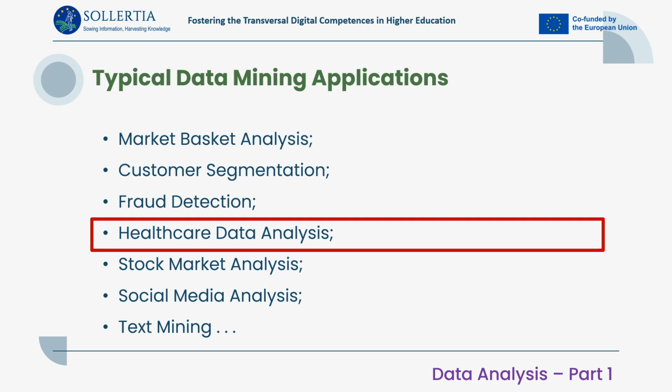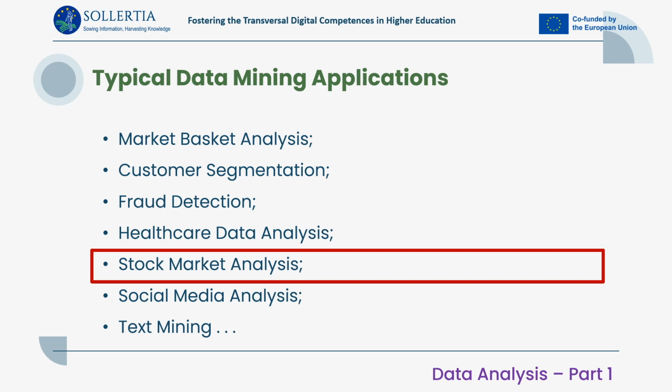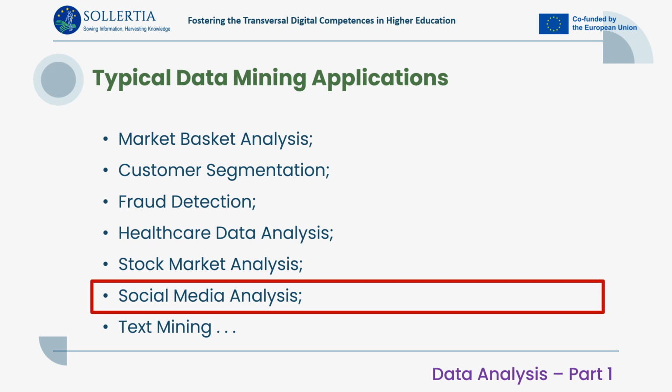Medical practitioners and researchers use data mining to analyze patient data for trends and patterns that can lead to better diagnostic techniques, treatment plans, and understanding of certain diseases. Data mining is used to analyze historical stock data, financial statements, and news trends to predict stock market movements and make informed investment decisions.